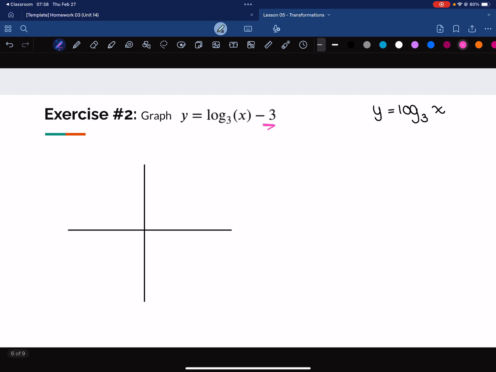So that original point (1, 0) is going to come down 3. Eventually I will hit that x-axis. There's nothing stopping me there, but there's no shift along there. So with this, my asymptote is still x equals 0. We've got a vertical line as our asymptote.